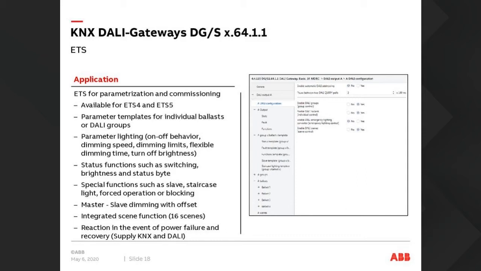We can set parameters, we can set status functions, special functions, master slave dimming. We can do all these just setting the template. It really speeds up programming rather than having to go through each individual ballast. Remember, there's 64 ballasts connected to the single channel device, and there's 128 connected to the dual channel device. So really, by doing this, you can save an awful lot of time.